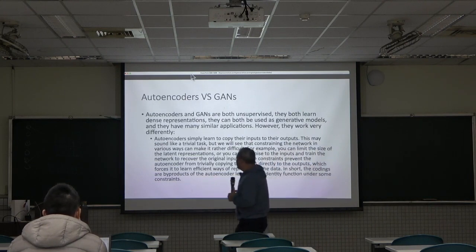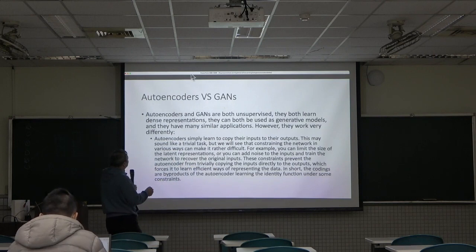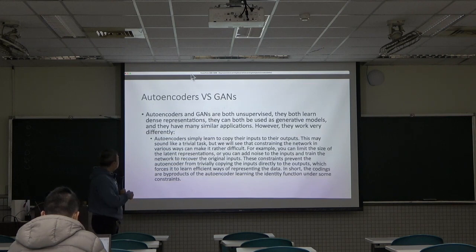So what's the difference between autoencoders and GANs? Autoencoders and GANs are both unsupervised learning. They both learn dense representations, and they can both be used as generative models.